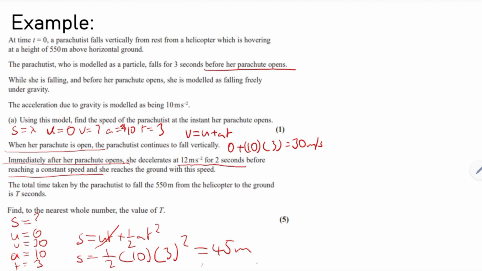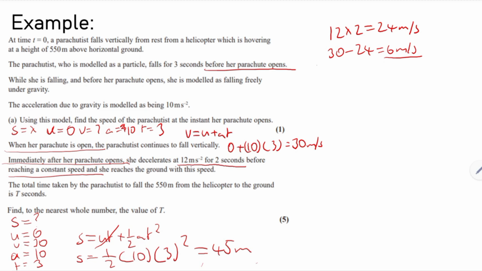We can do 12 times 2, which equals 24 meters per second. And we can just do 30 minus 24, which equals 6 meters per second, as she's losing that velocity when she's decelerating. So now the final velocity is 6 meters per second.